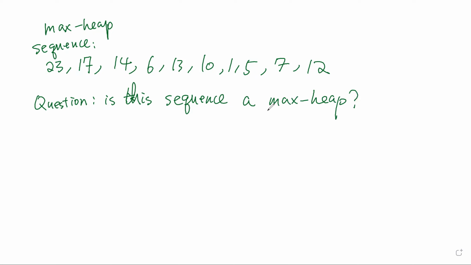I mean, is this arrangement in the array going to be a maximum heap tree? Does it follow the maximum heap property? How do you determine it?